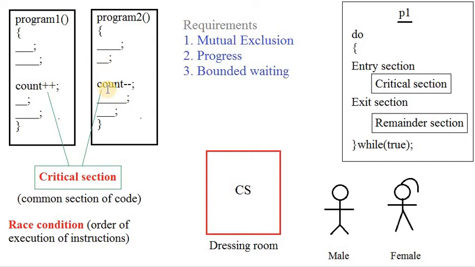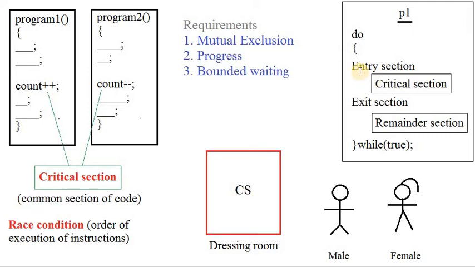Suppose one is inside, the other should not be allowed; and when the person inside comes out of the critical section, only then will the other person be allowed in. That is the mechanism of the entry section and exit section. In the entry section, we restrict the second program, and in the exit section, we allow the second program to enter the critical section. That is what is involved in this beautiful mechanism.